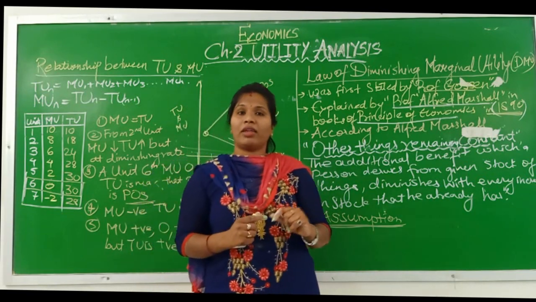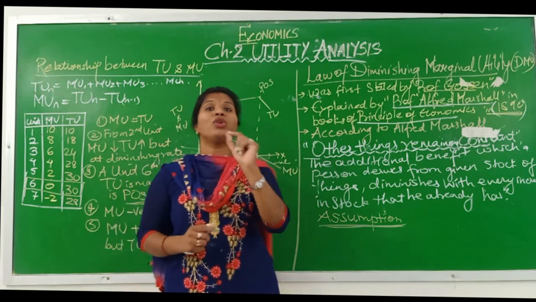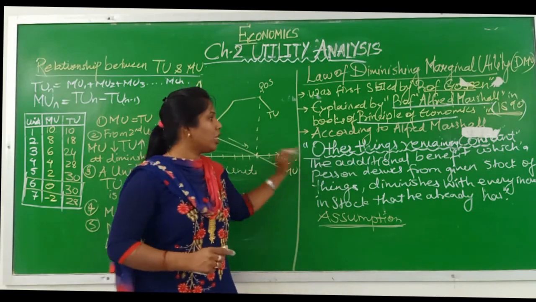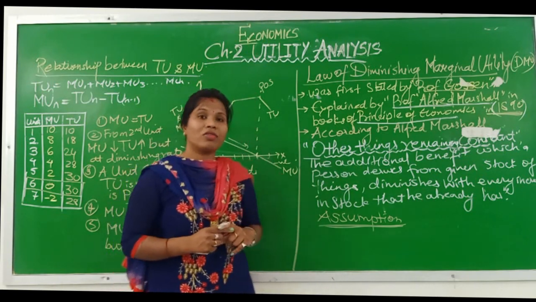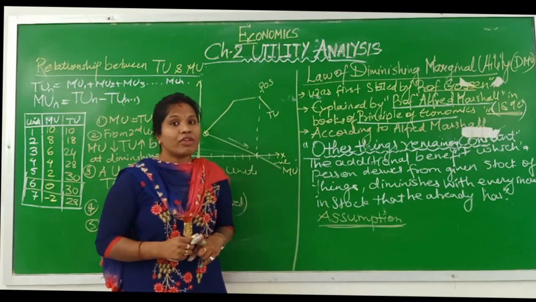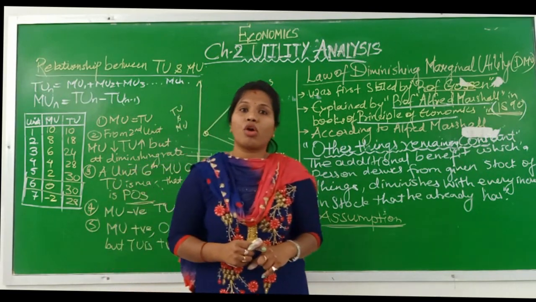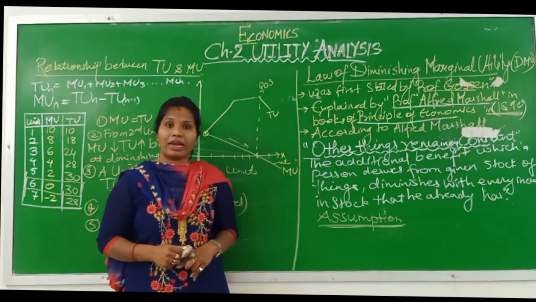Then you write the statement of the law under a heading. According to Professor Alfred Marshall, other things remaining constant, the additional benefit which a person derives from a given stock of a thing diminishes with every increase in the stock of the thing he already has. This is the format of writing the law.